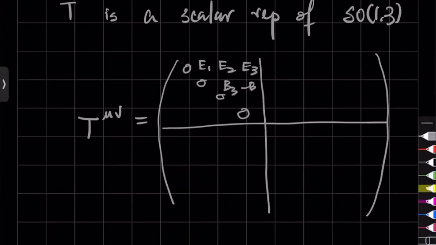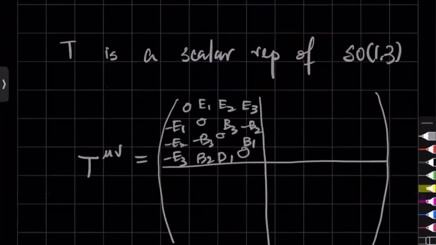B3, minus B2, B1, minus E1, minus E2, minus E3, minus B3, B2, B1. Okay, so this part is the T antisymmetric mu nu.